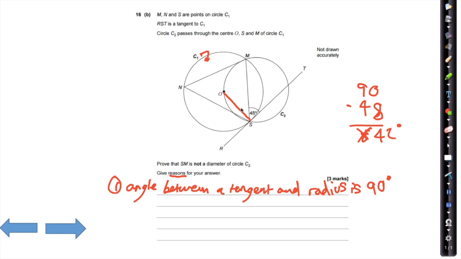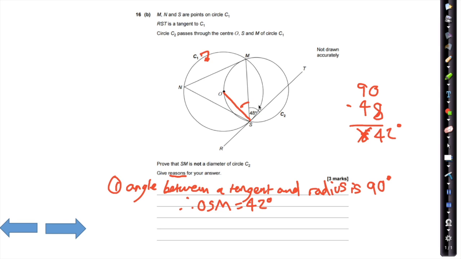Okay, so this angle here, therefore we can say that OSM or MSO, same thing, OSM is 42 degrees. Okay, so that is a useful start and would actually give you your first mark.